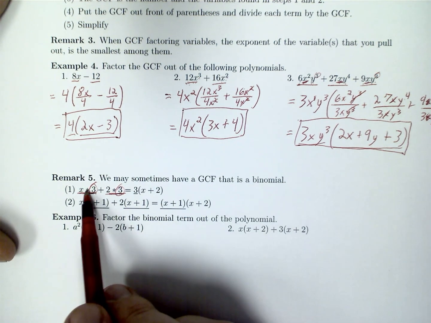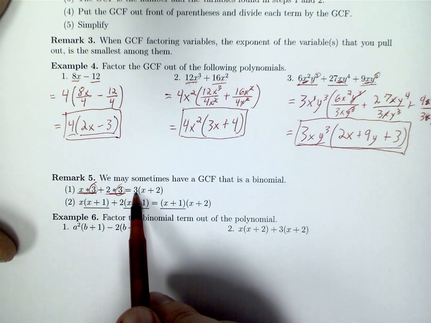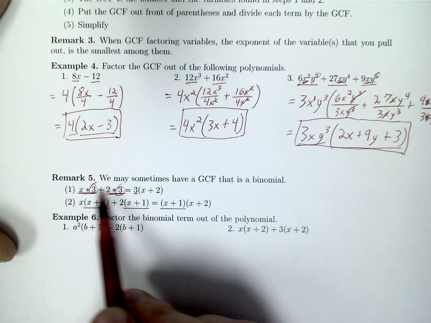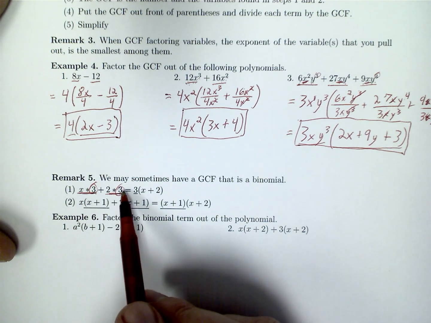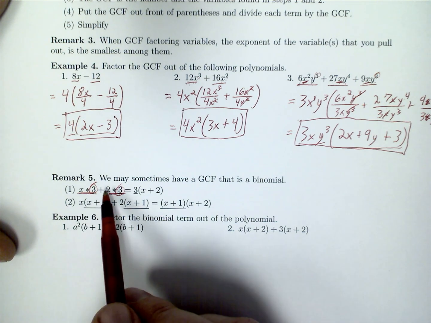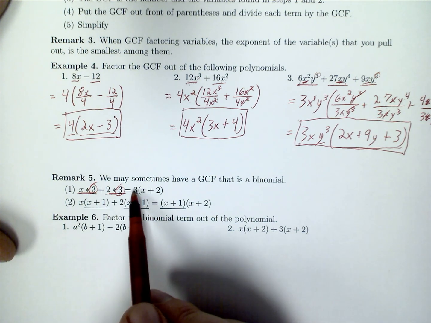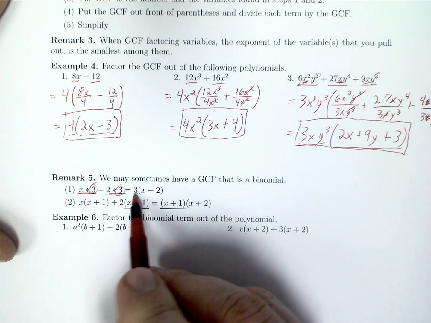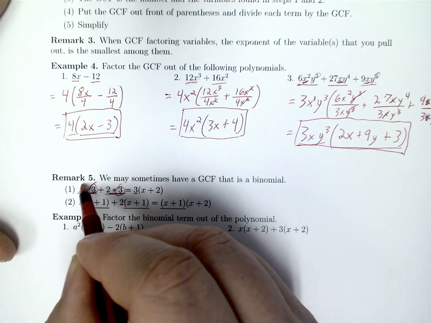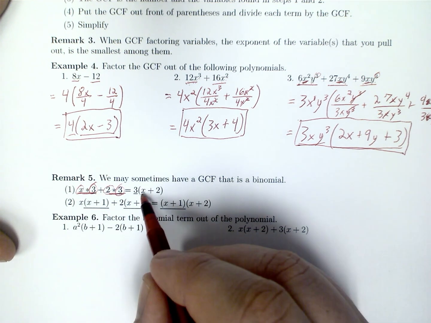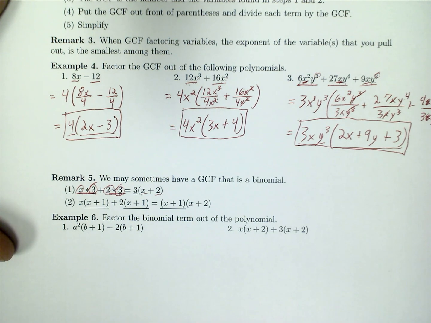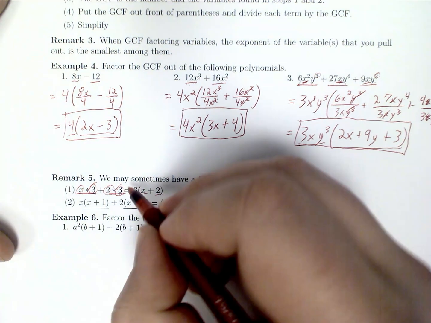So what can you do with the 3? You can put it out in front. That's because it's the GCF, the greatest thing that they have in common. And then you can just rewrite what you have otherwise without the 3. So put the 3 out in front, then you're left with an x and then a 2. And that's one way to think about it.